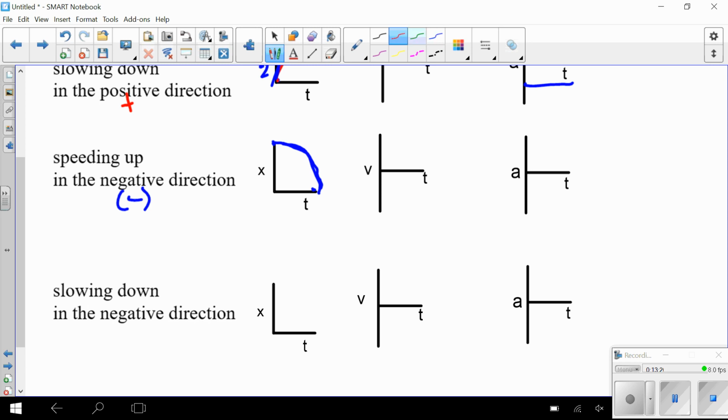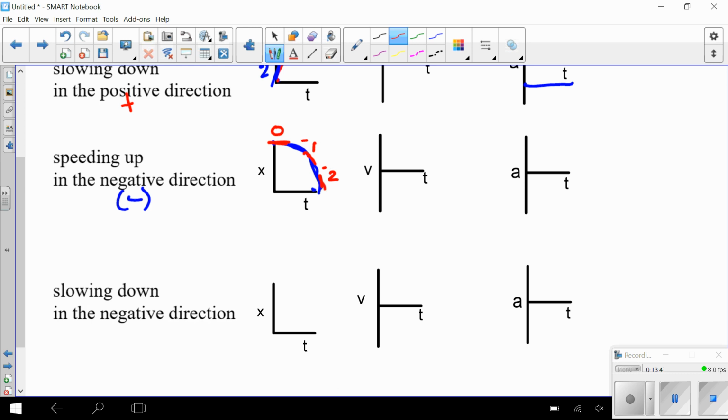The slope of this graph tells us how our velocity is changing. If we draw tangent lines at various points, we can see that our slope goes from something like 0 to 1 to 2. It gets more steep, but not just more steep, it also is negative.